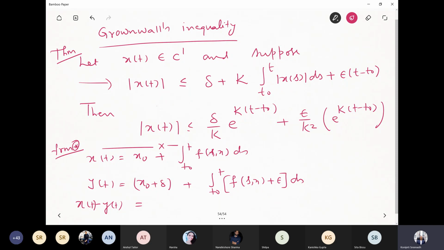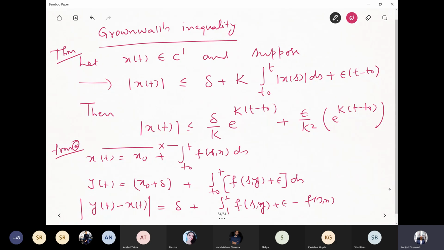You may write y(t) minus x(t) also, it doesn't matter, because we are going to ultimately take the absolute value. So this is going to be delta plus the integral from t naught to t of f(s, y(s)) plus epsilon minus f(s, x(s)). Now you take the absolute value.